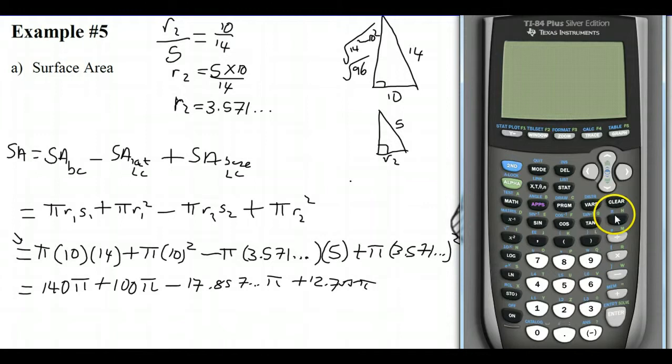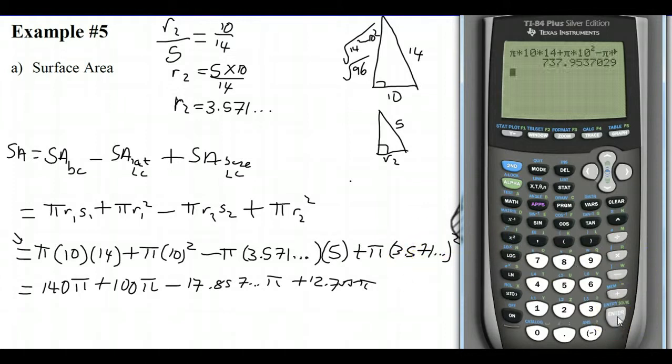We have pi, second pi, times 10 times 14 plus second pi times 10 squared minus second pi times A, right? 3.5 times 5 times 5 plus second pi times A squared. Okay? Remember, because we stuck that in A. Make life easy, right? Hit enter.